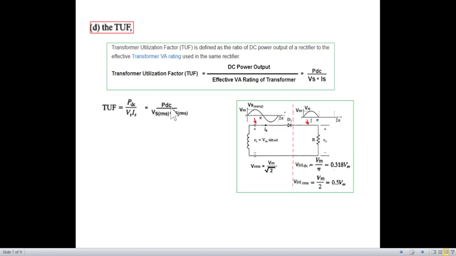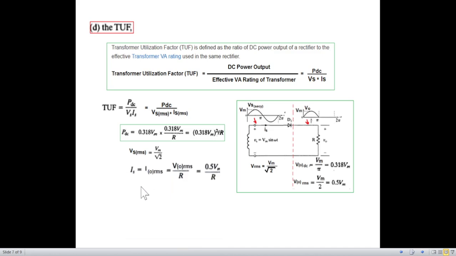So PDC, VS RMS, IS RMS. PDC we have already calculated. Voltage multiplied by current. VRMS, as I mentioned, we'll have to take this value, Vm over under root 2, but I will be same throughout. So for I, we'll use VO RMS divided by 2.